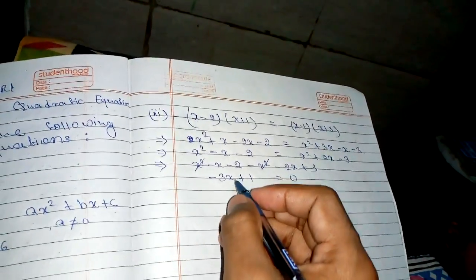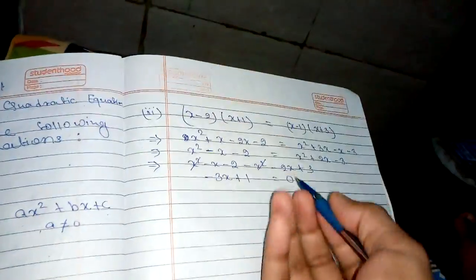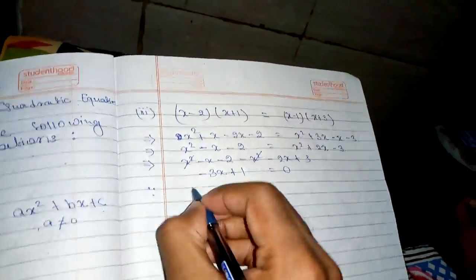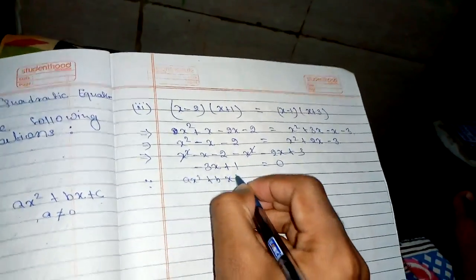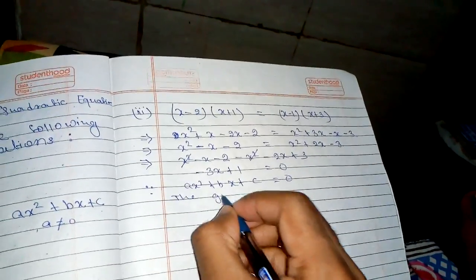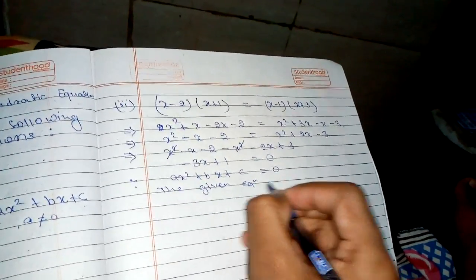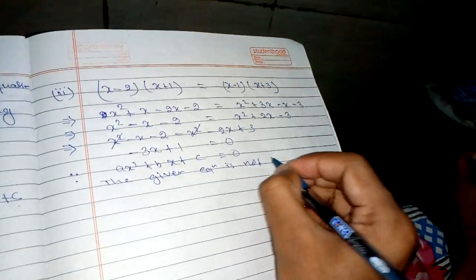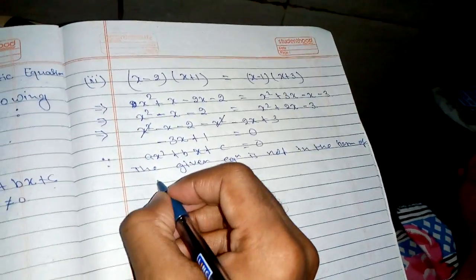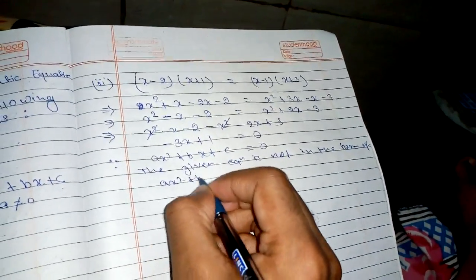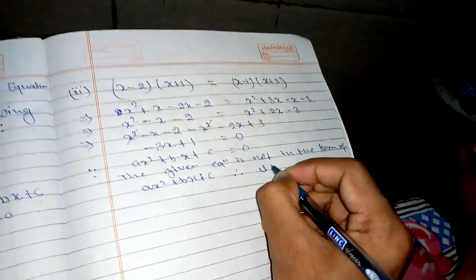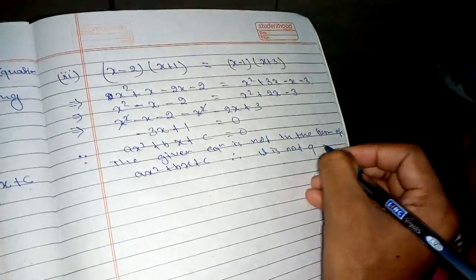So here the power of x is not 2, so this is not a quadratic equation. We can simply compare it with ax square plus bx plus c equal to 0. The given equation is not in the form of ax square plus bx plus c, hence it is not a quadratic equation.